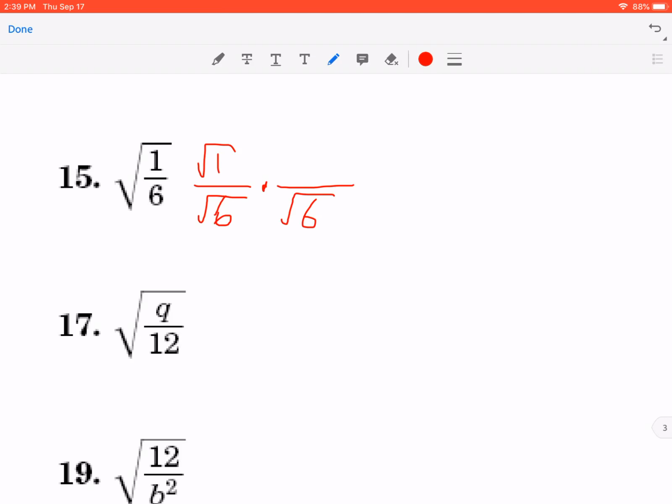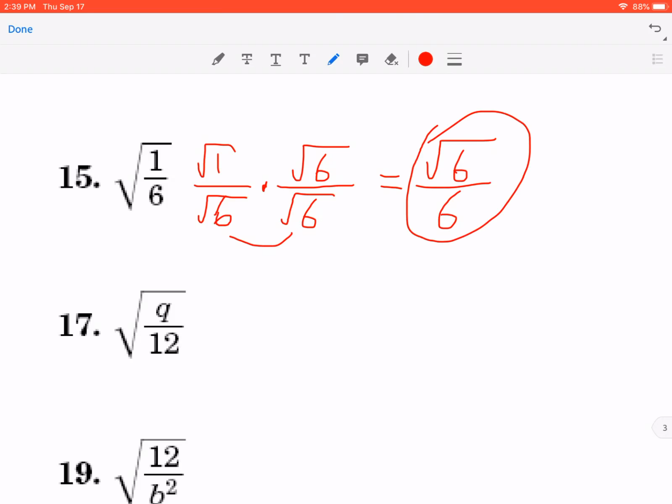Radical 1 times radical 6 is radical 6. Radical 6 times a radical 6 is square root of 36, which is 6. Now, unless you can break down 6, but the only thing you can get out of 6 is a 2 and a 3, so you can't break down radical 6. So the 6's don't cancel because one's a radical 6, one's a real 6. That's the best you can do.